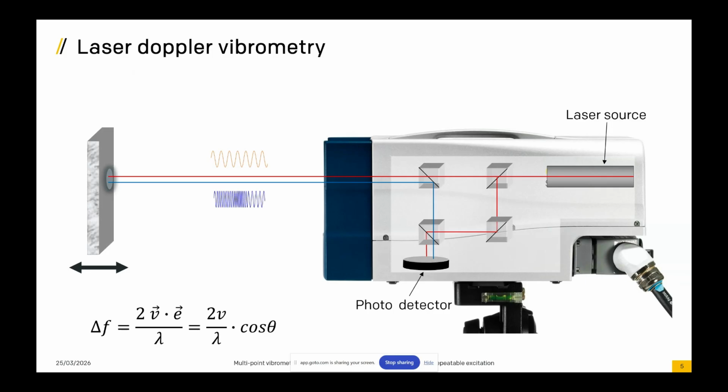The other half of the beam leaves the sensor head, goes out of the optics, is reflected off of the surface of the vibrating object, the device under test, is scattered, and some of that light returns back into the sensor head where it is finally recombined on the photodetector with the reference signal.